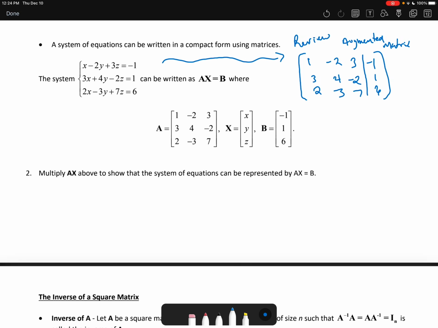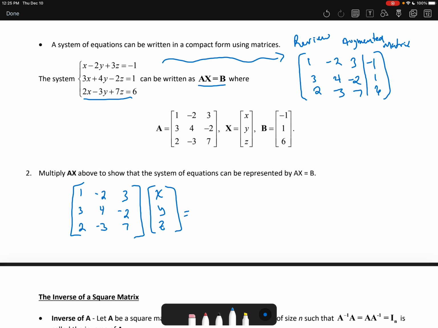Do you believe me that we can write this system of equations like this? Well, let's try it. So if I take A and I just write down these coefficients, and I multiply that by X, the variables, what do we get?